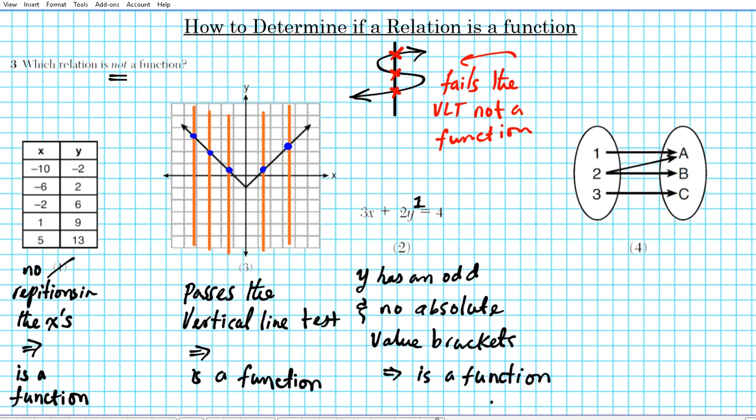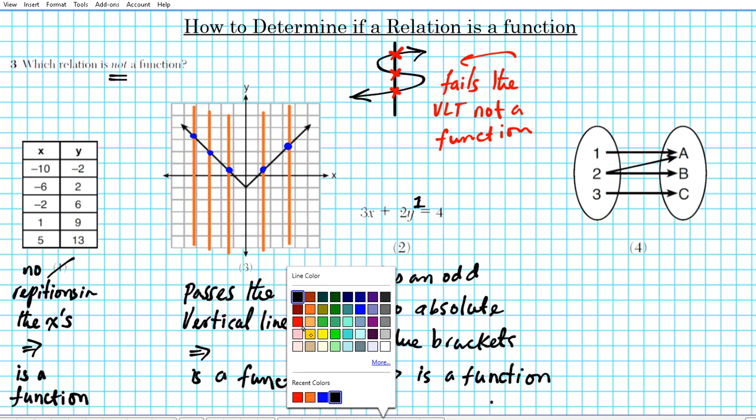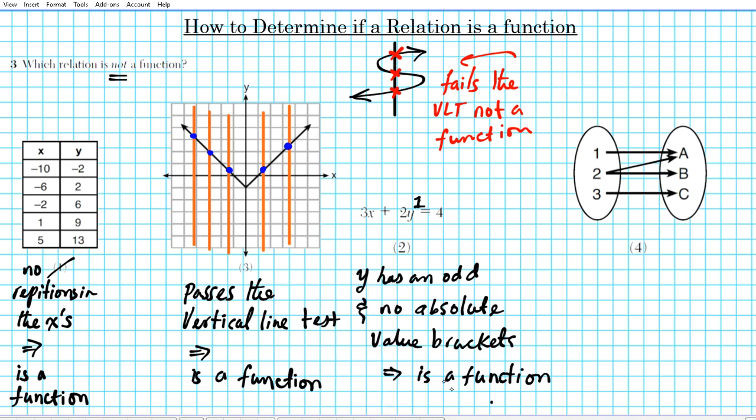Let me show you an example of relations in equation form that are not functions. For example, you have y to the 100 plus x equals 4. This is not a function because the power of y is even. Or if you have x equals the absolute value of y plus 3, let me write that again: x equals the absolute value of y plus 3.